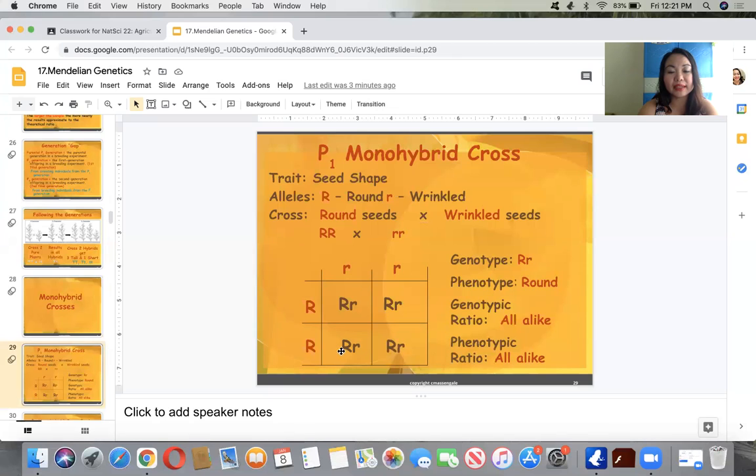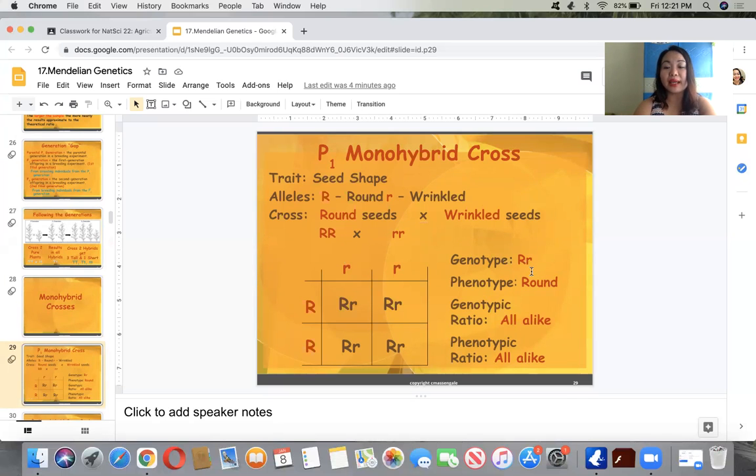The pairing again is R and r. The second pairing is big letter R and small letter r. The next combination is again big R and small r, and the third combination is also big R and small r. All in all, they have the same combination because you are crossing a monohybrid cross.